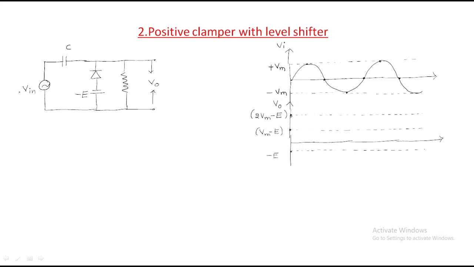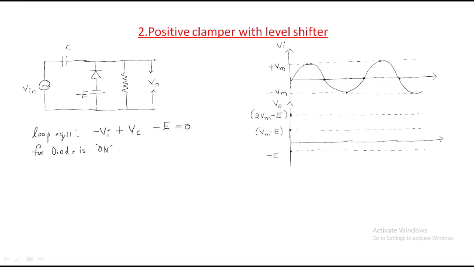generally first write the general loop equation. That loop equation is minus Vi plus Vc minus E equal to 0. This loop equation is for the diode on condition.